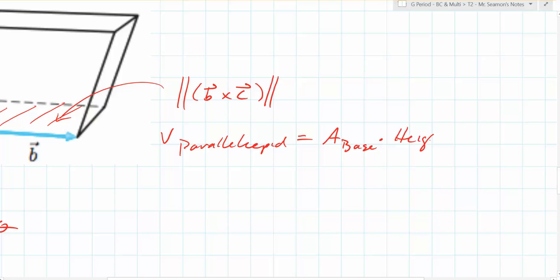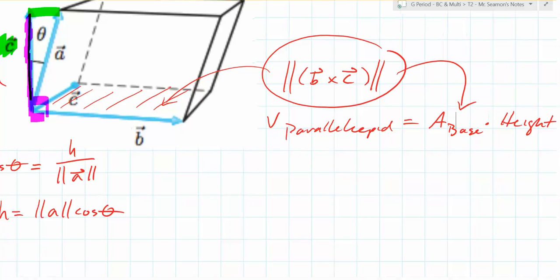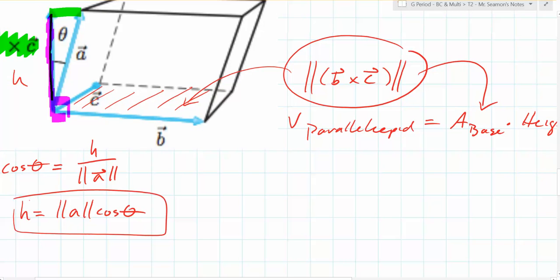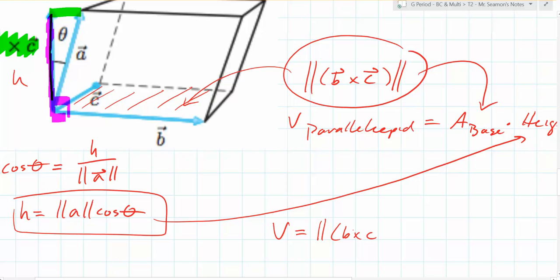I'm not doing too well today, I guess. Well, do we have the area of the base? This is the area of the base, correct? And what's this right here? That is the height. So what's the volume going to be equal to? The magnitude of b cross c, times the magnitude of a cosine theta. Yeah, you're seeing it now.